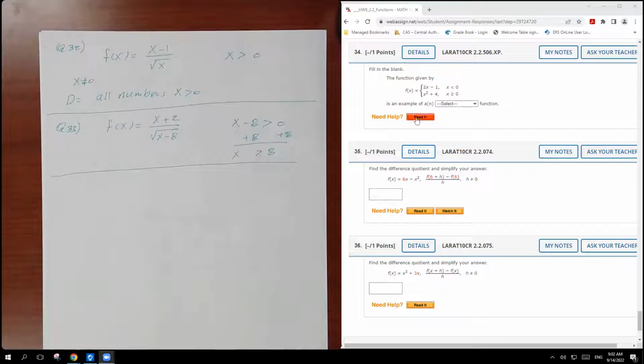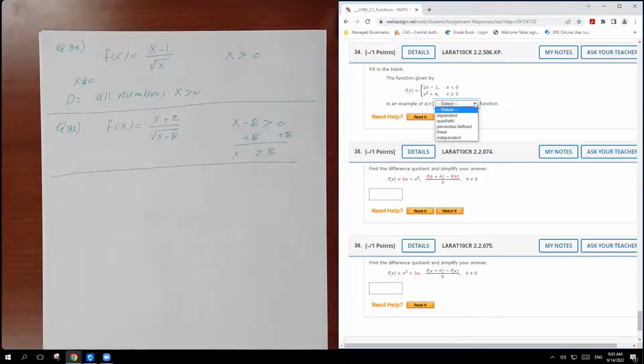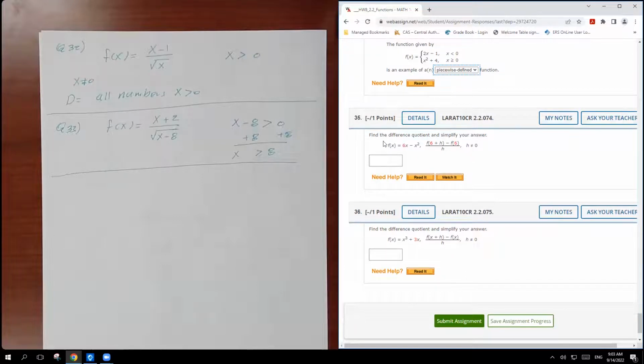So I explained that in the first part of this recording. So this is the piecewise function, and we plug in some numbers. So this is an example of a piecewise function. Then choose this one. That's it. This is the important thing, how to use the difference quotient for this function.